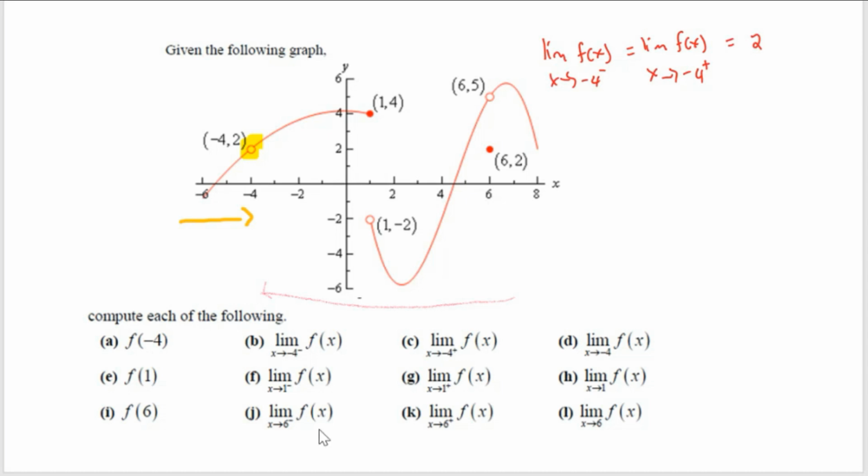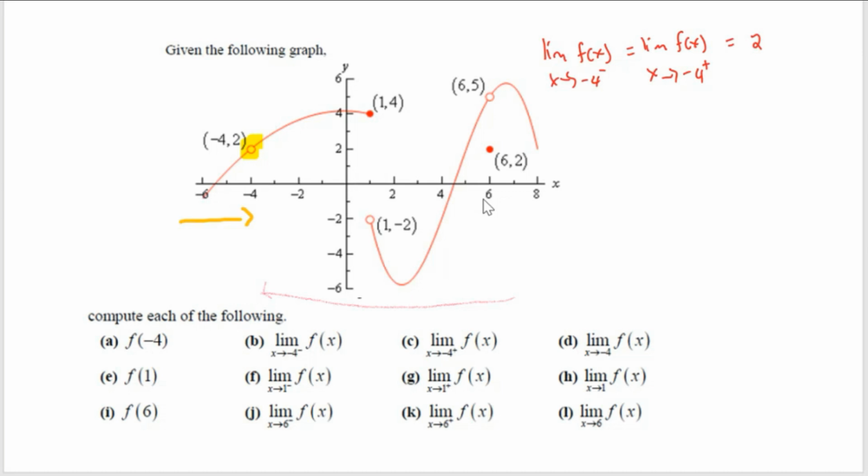Okay, next is letter J. So the limit of f of x as x approaches 6 from the left. So it is coming from here, shall we say from negative 6 going to 6, or it could start from 0, as long as it is any value coming from the left of 6.